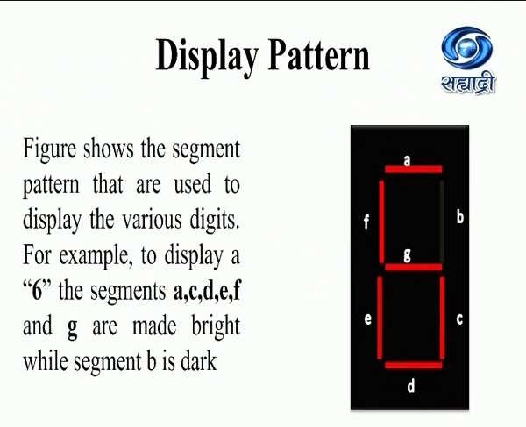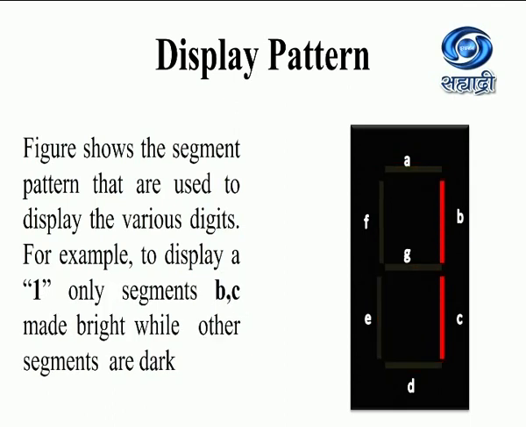If you want to display 6 on the 7-segment display, the figure shows the segment patterns that are used to display the various digits. For example, for 6, the segments A, C, D, E, F and G are made bright while segment B is dark. If you want to display 1, then B and C segments are bright and other segments are dark.